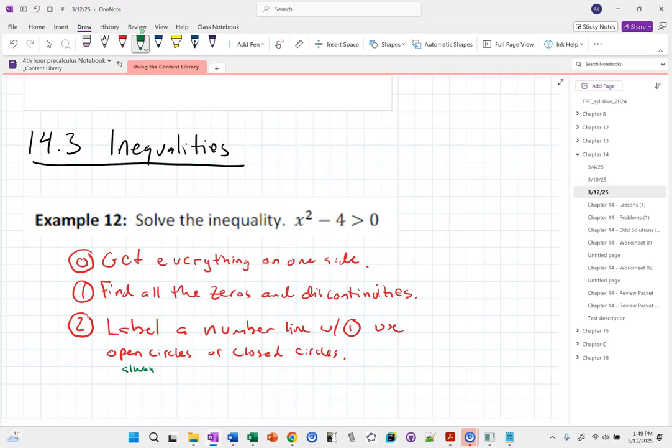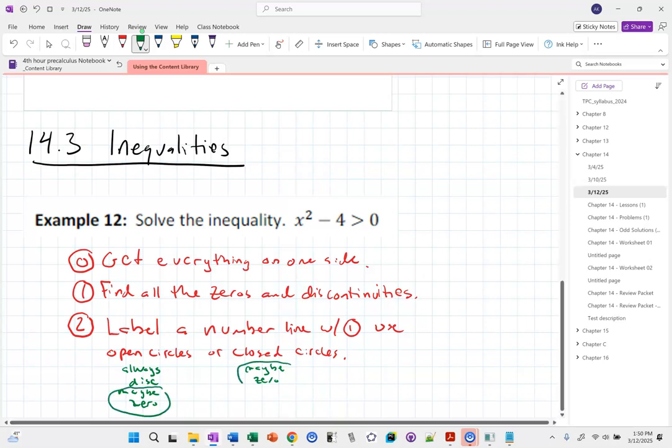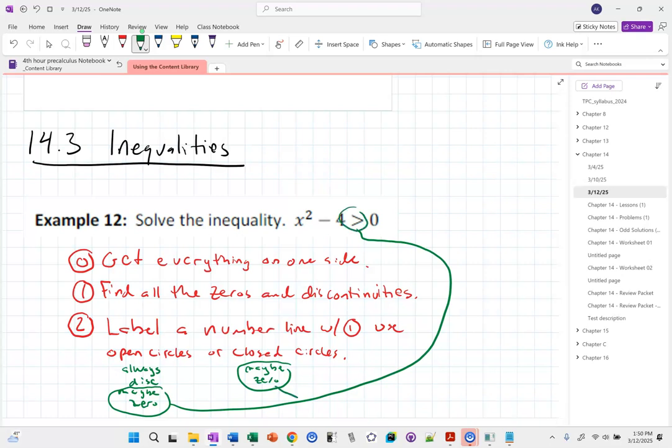Open circles we'll always use for discontinuities. Closed circles for zeros could be closed or they could be open. It's going to depend on the type of inequality we have. In this case, because it's a strict greater than inequality, it's going to be open, right?